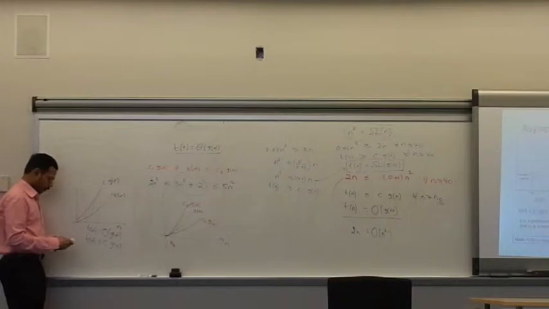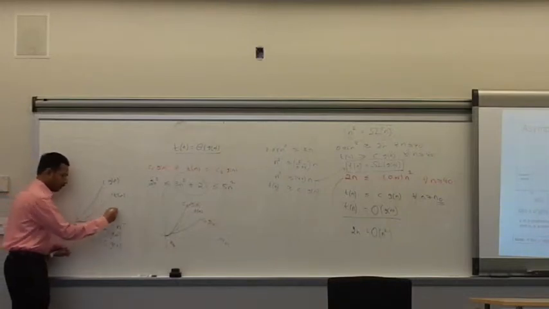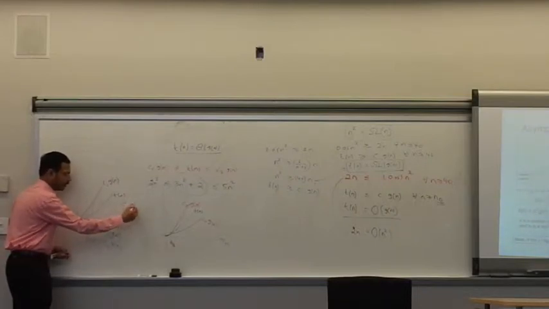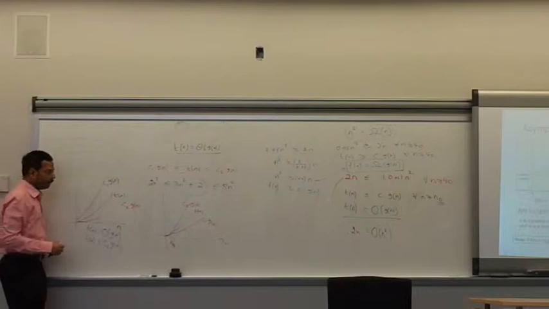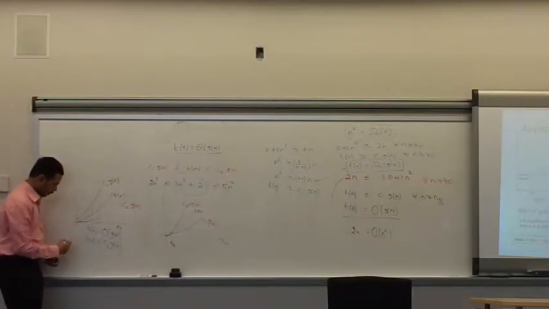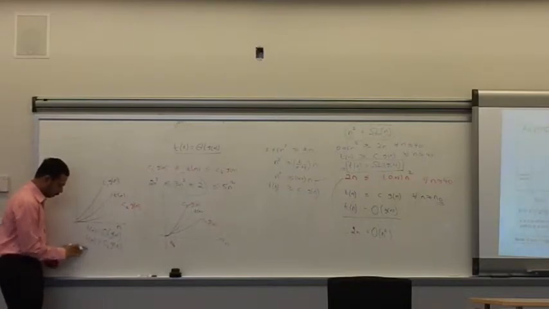Okay? If it's the other way, now I can show you one interesting thing too. Say this is constant C1, and this is constant C2 g of n. Then t of n is always greater than or equal to some constant C2 times g of n, right?